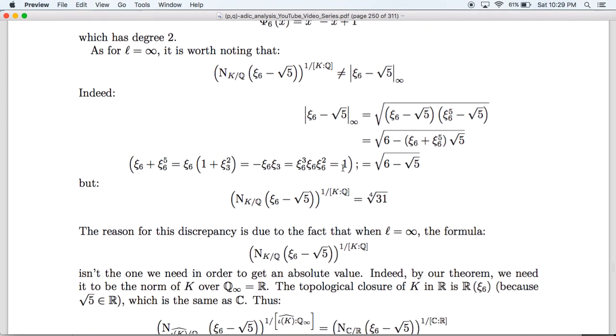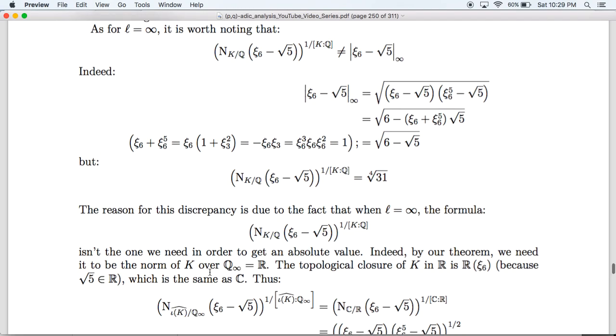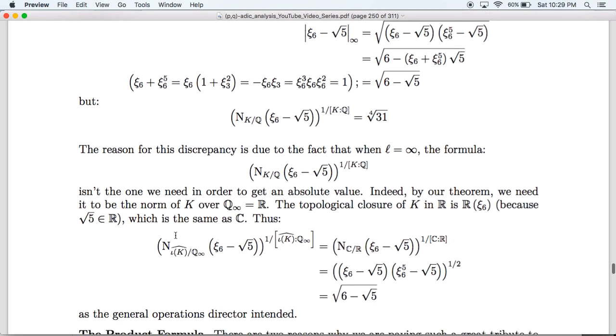So what gives? Well, remember where I said the completion is important? Our theorem says that the absolute values that we can use to make sense of this thing are going to be of the form iota of k, where iota is an embedding of k in R, and then we're going to take iota of k, which is going to be an embedding of Q. I'll slow down.